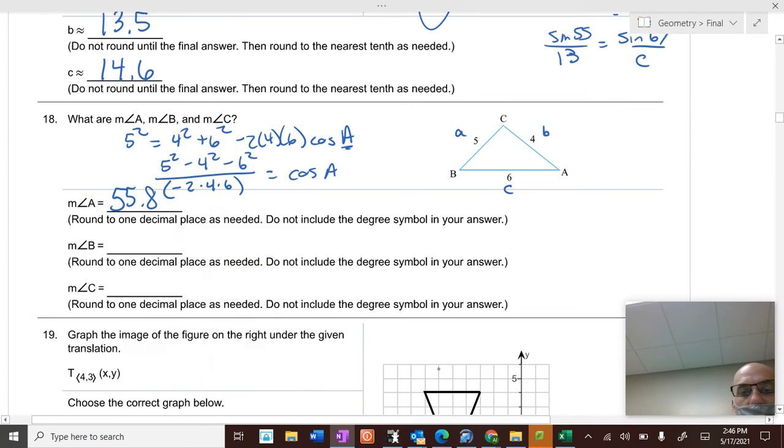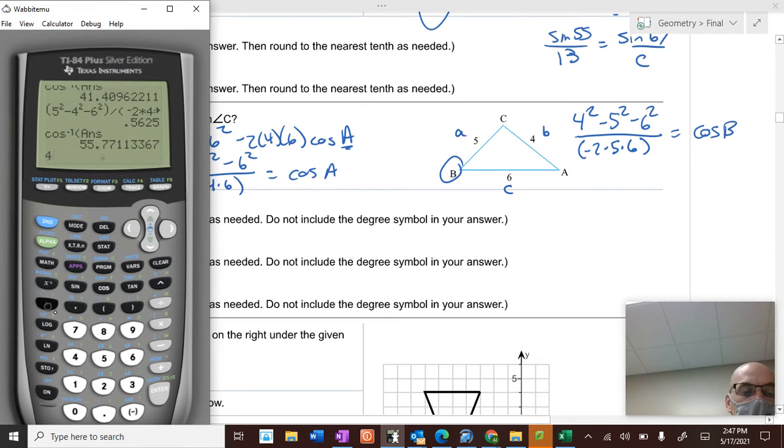Okay. And then to find angle B, do the same basic thing. So you take 4 squared minus 5 squared minus 6 squared, all divided by negative 2 times 5 times 6, the two numbers you subtract by, and that's what the cosine of B is.